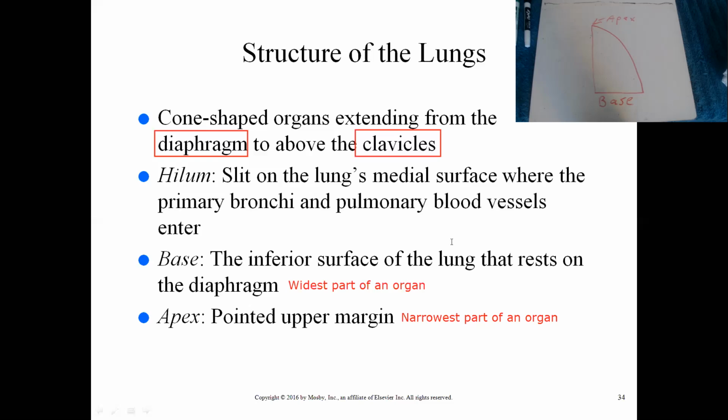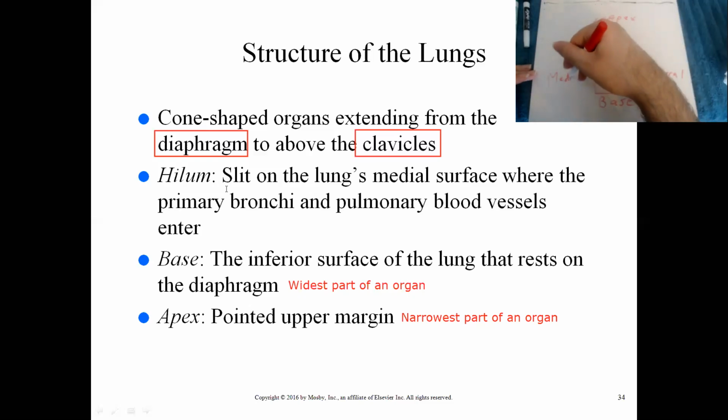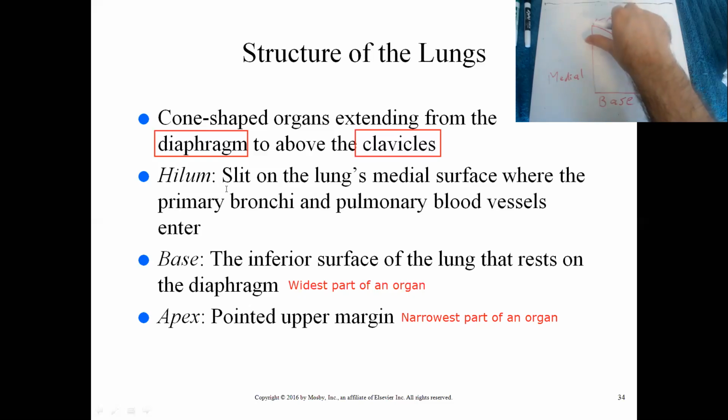Now another part to the lung is the hilum. Now the hilum, this is not the same as the apex, by the way. Hilum is on the medial side of the lung. So if this is lateral side, this is the medial side. I'll use blue for the hilum.